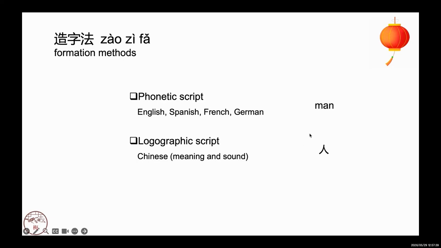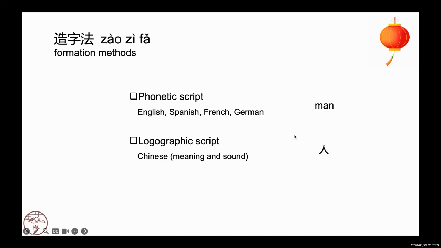For example, for the word man, this is the writing, but I also know how it is pronounced because I can see the phonemes from the writing, so I can pronounce it.